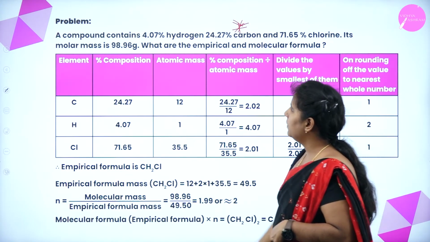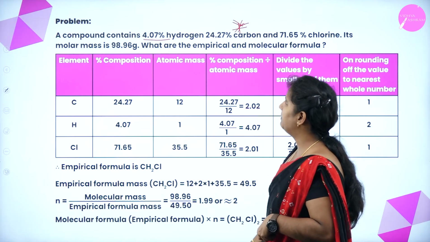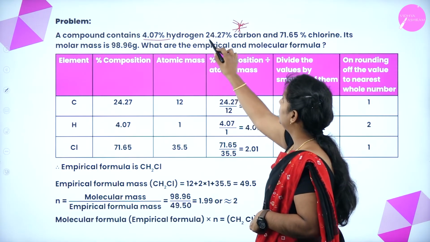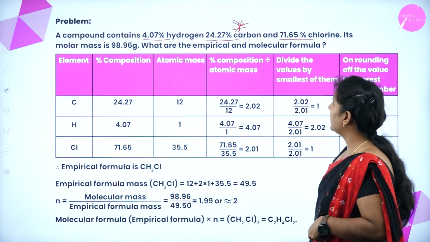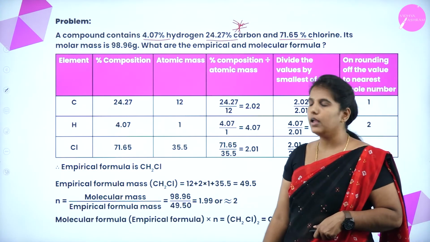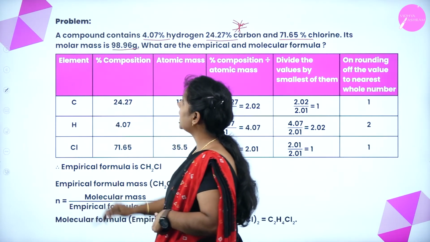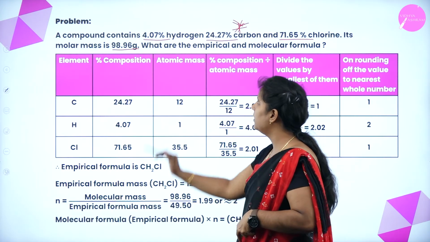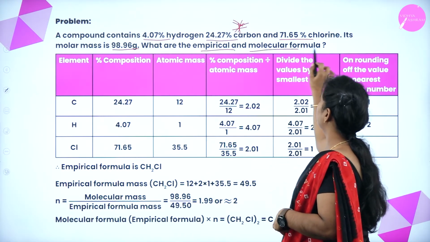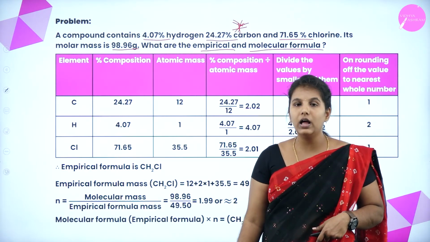A compound contains 4.07% of hydrogen, 24.27% of carbon and 71.65% of chlorine, and the molecular mass is 98.96 gram. What is the empirical and the molecular formula?